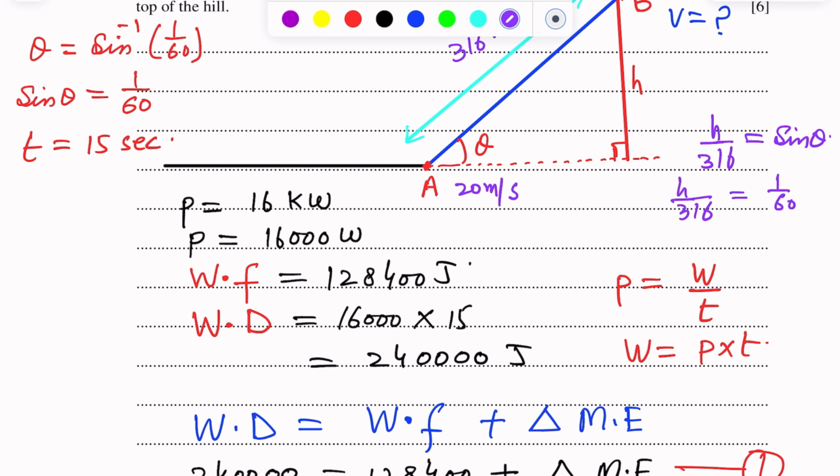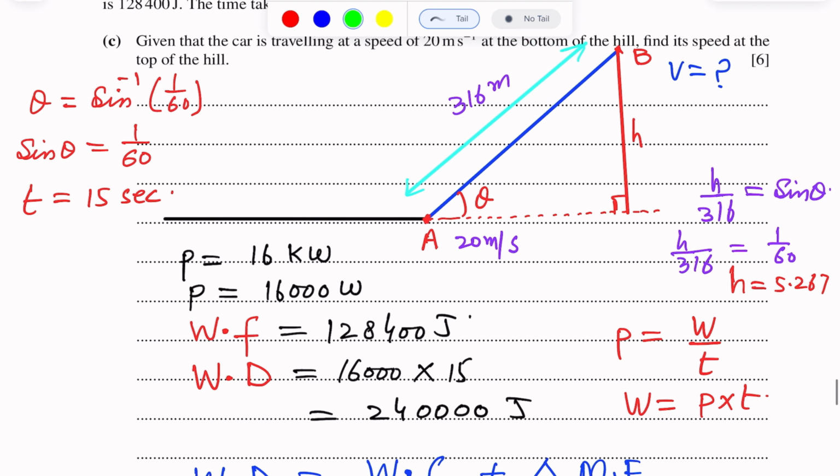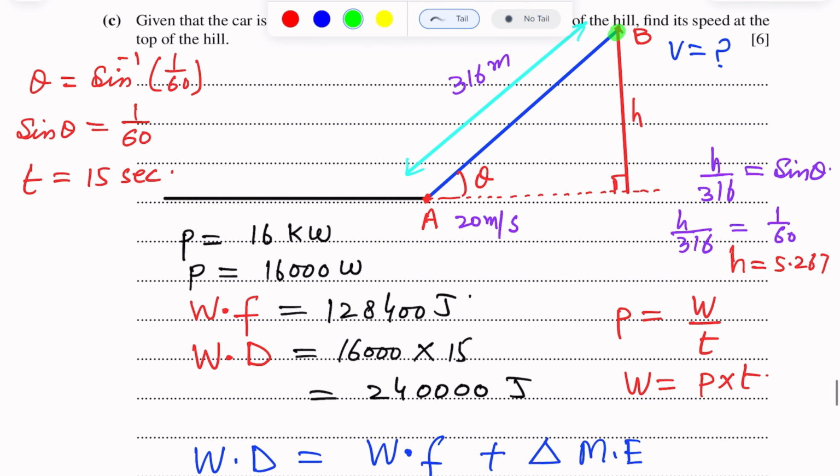So the height will be 5.267 meter. We found this height to find the potential energy at point B.